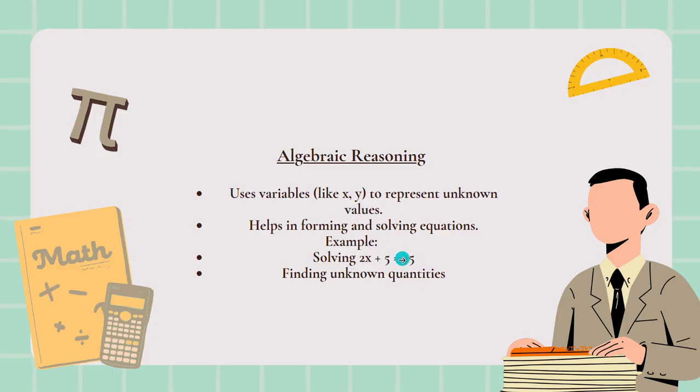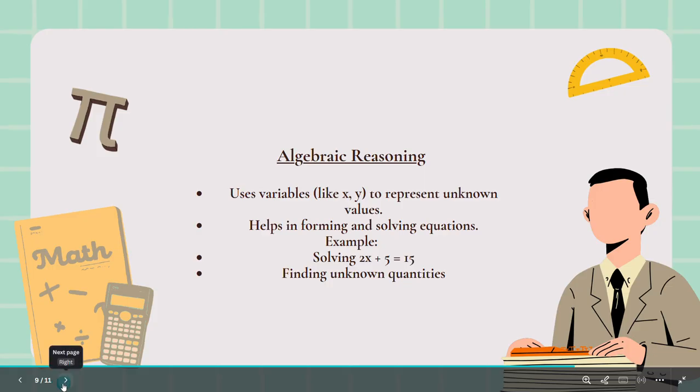So we have an unknown value, that is the unknown value of x, and you'll be finding that. The plus 5 goes to the other side, 15 minus 5 is 10. And 10 divided by 2 is equal to 5. So the x value is 5. Okay. So we'll be finding the value of the unknown quantities. That's the variable. Sometimes it can be represented by variables as well.